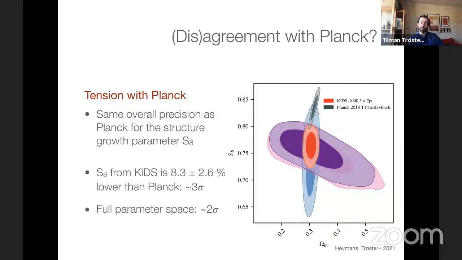Now, if you take the full parameter space, because you could make an argument that you shouldn't cherry pick a single parameter if there are other parameters that agree perfectly well, then the tension is about 2 sigma.